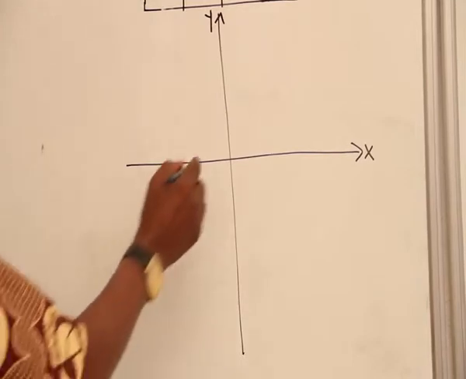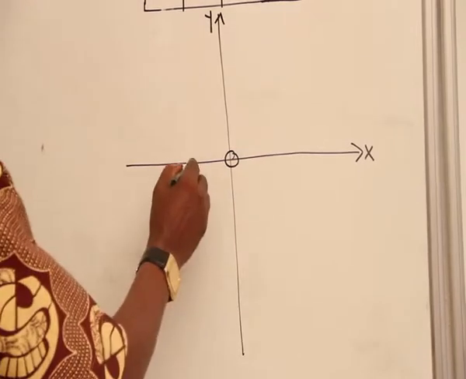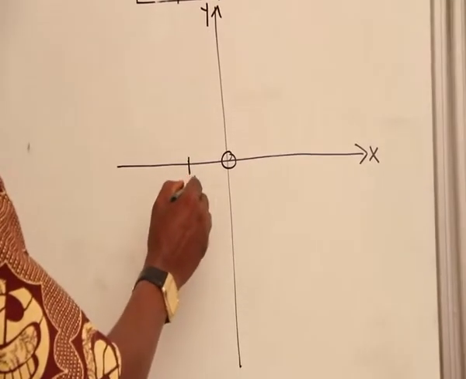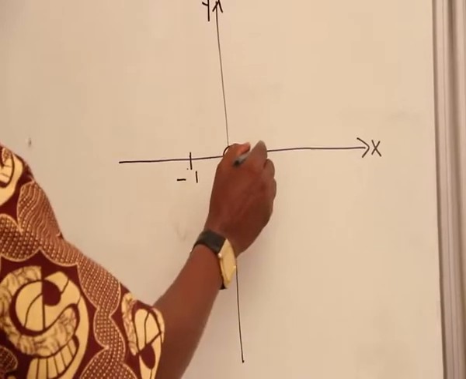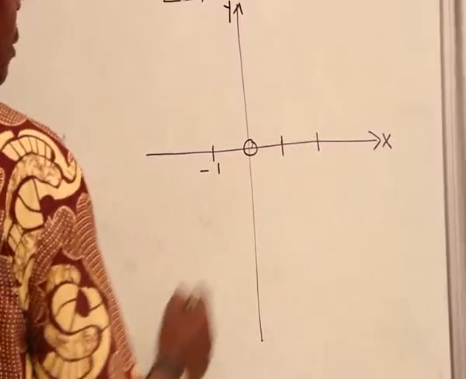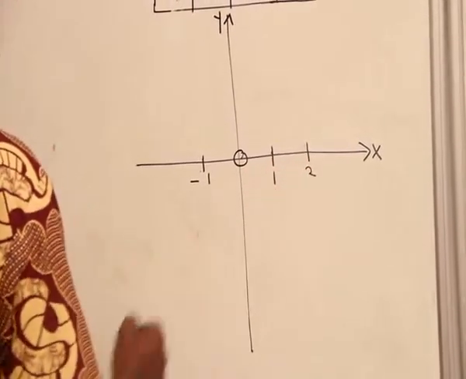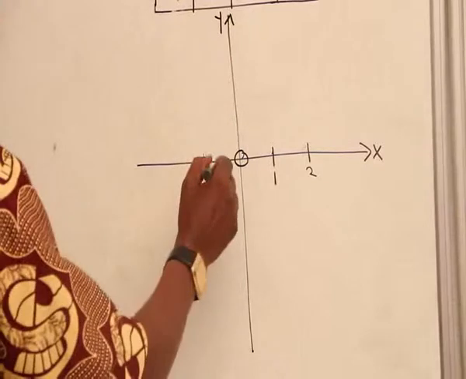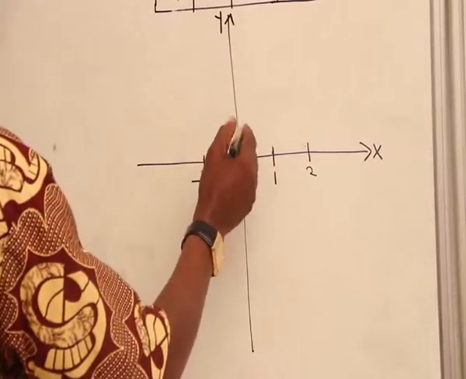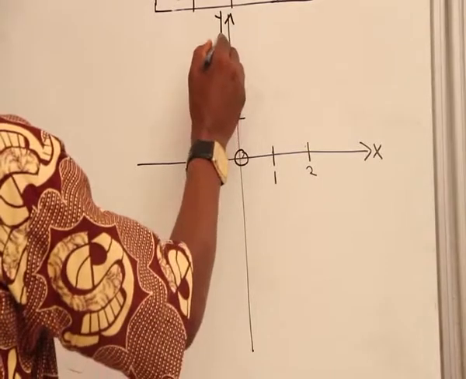Now, here is your 0. Then the next thing is for you to mark out the various points. Assuming this is 1 centimeter from here, you can have another 1 centimeter. This one is also 1 centimeter. So this is your 1, and then this is your 2. Then on the y-axis, you can decide to have 1, 2, and 3.